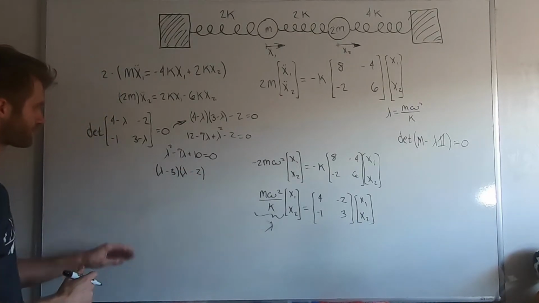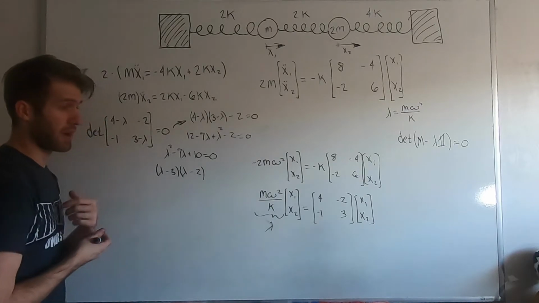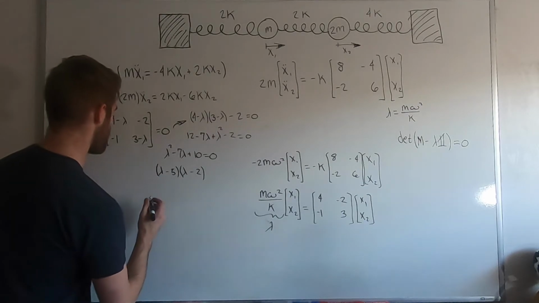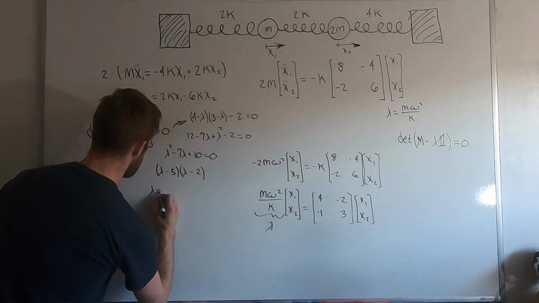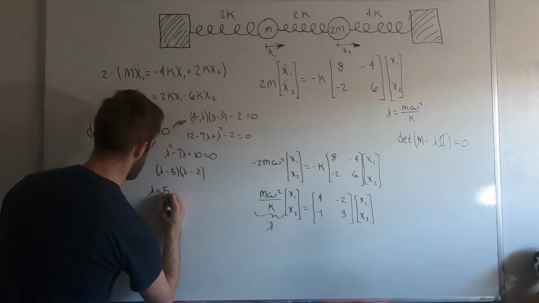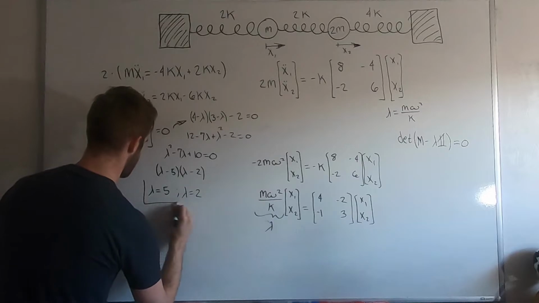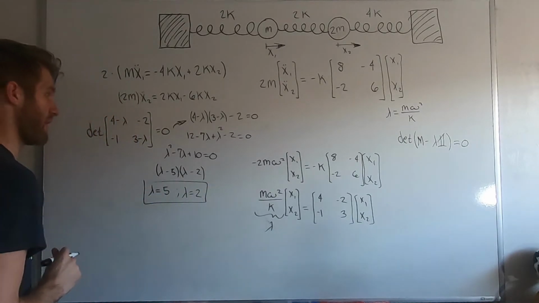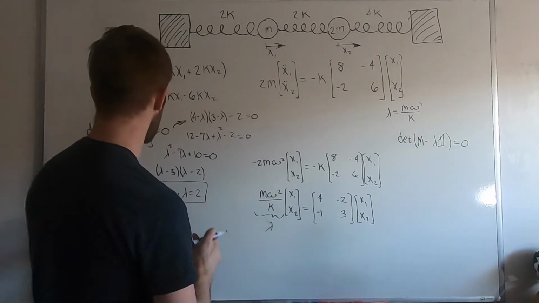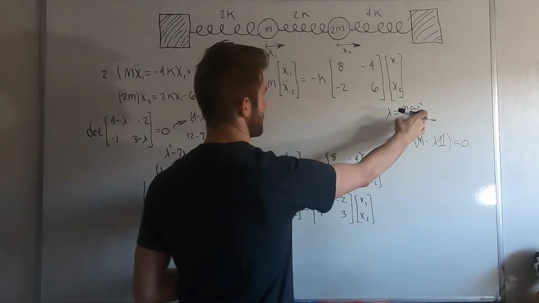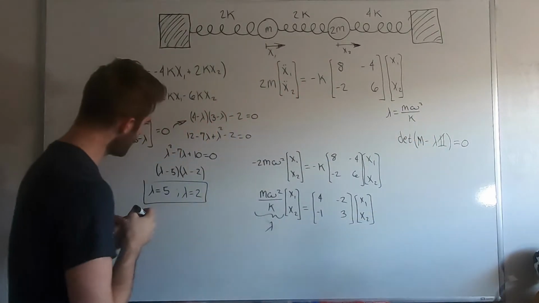So that gives us our frequency modes, right? We're going to have lambda is equal to 5 and lambda is equal to 2. There we go. We have our frequencies of oscillation. So these values correspond to this right here.